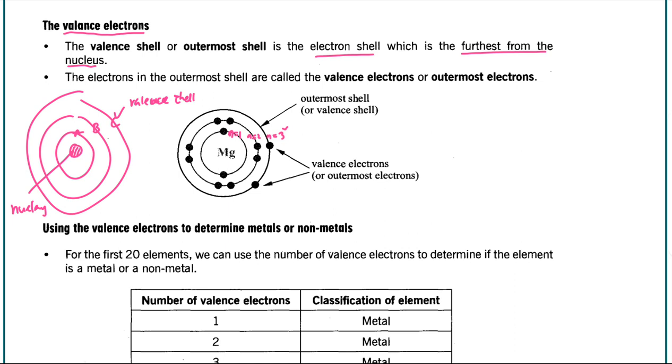And then we also find the second point, saying that the electrons in the outermost shell, or in this valence shell, are called valence electrons, or outermost electrons. In studying chemistry, valence electrons are the most important, because they are responsible for reactions.